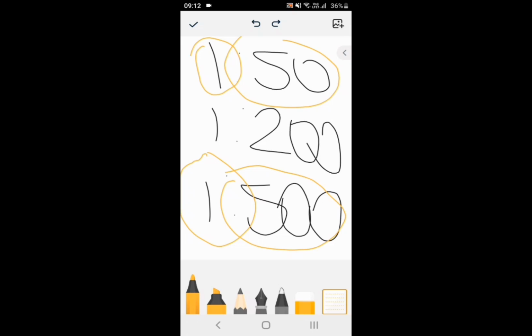Trader 1 is using 1 to 500 leverage, and trader 2 is using 1 to 200 leverage. Trader 1 will make more money than trader 2 because trader 1 is using more leverage, and the same is true for the opposite. Trader 1 will make more losses compared to trader 2.